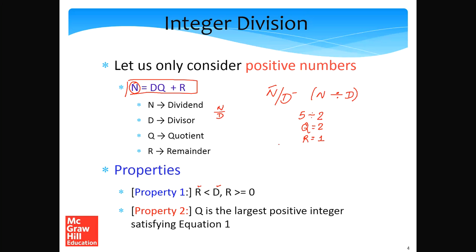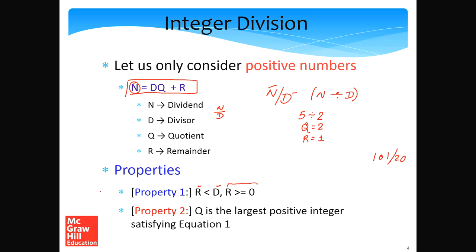For example, if I divide 101 by 20, the quotient cannot be 4 and the remainder cannot be 21. It basically means that the division has not been done correctly. The quotient has to be 5 and the remainder has to be 1 in this case. So r is less than d. Furthermore, r is greater than or equal to 0. So we always have a non-negative remainder if we are considering only positive numbers.